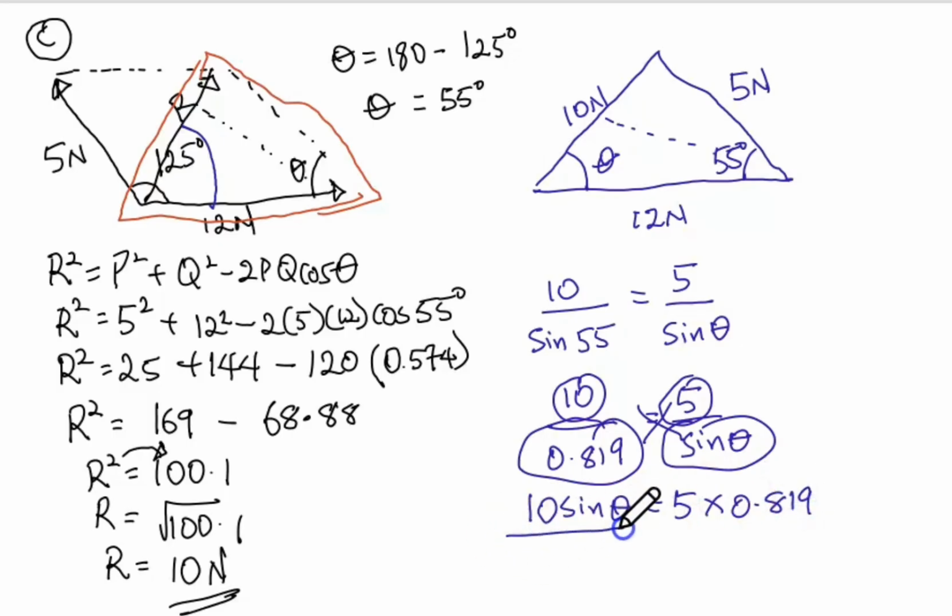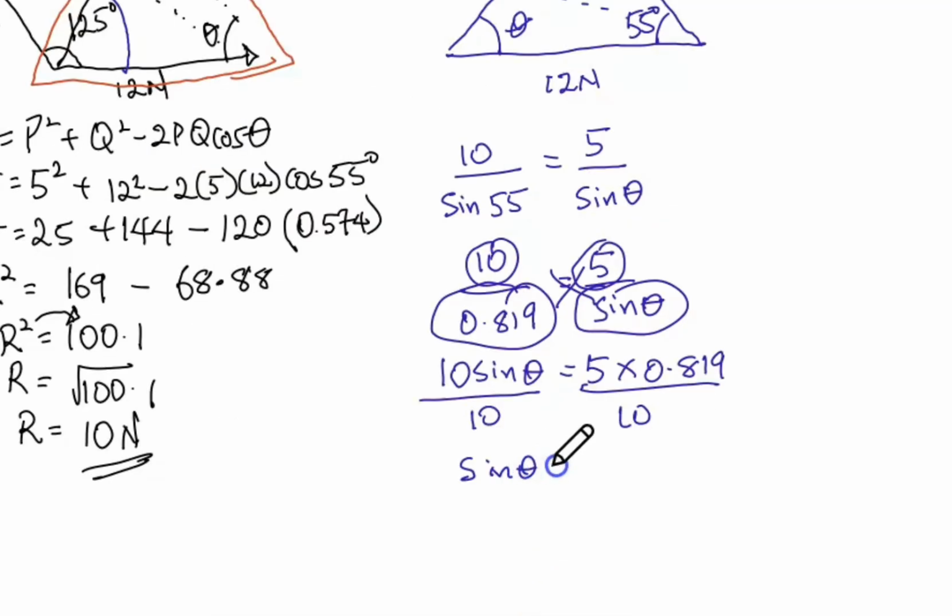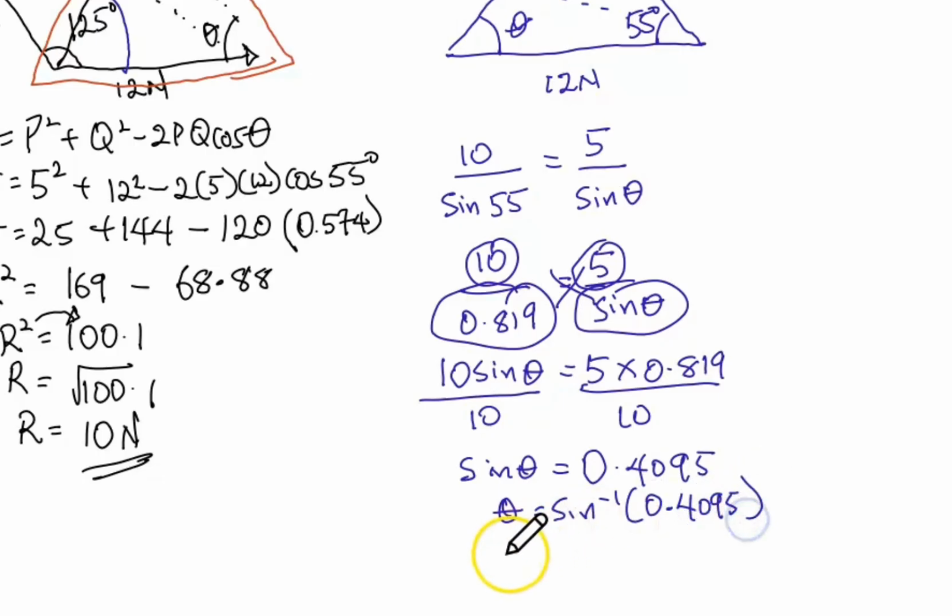The next thing we are going to do is divide both sides by 10. So we now have sine theta is equal to 5 times 0.819 over 10. When we multiply and divide, we end up having 0.4095. So theta will be the sine inverse of this value, 0.4095.